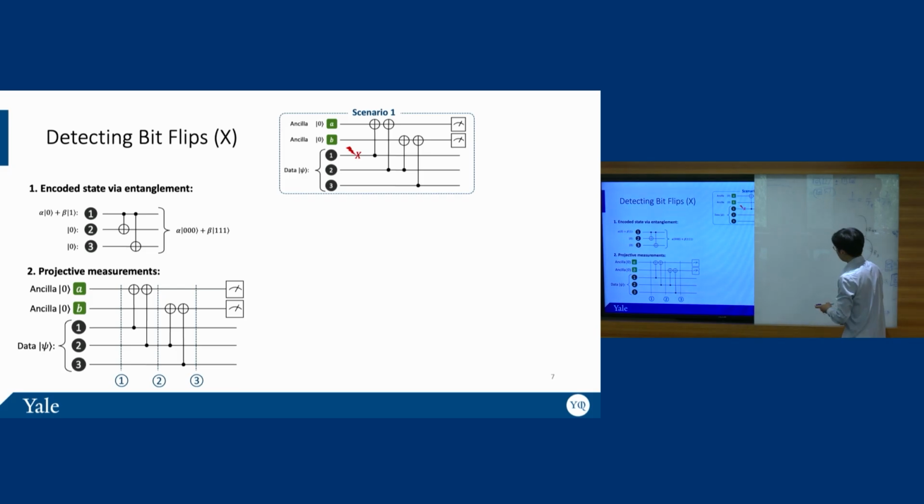For example, if I have an X gate before the control NOT, where the X happens on the control qubit, this is equivalent to having the control NOT apply first, and an X gate acting on both the control and the target. This follows directly from the definition of the control NOT.